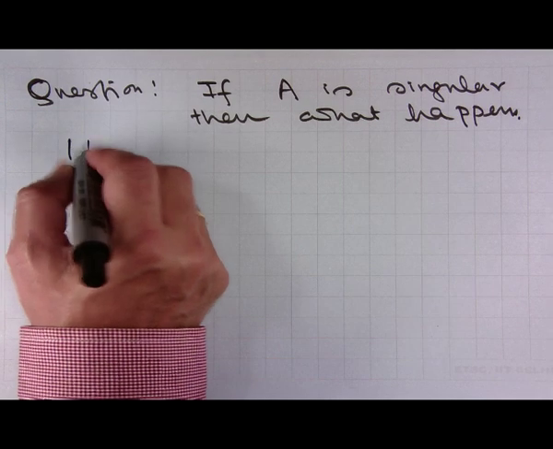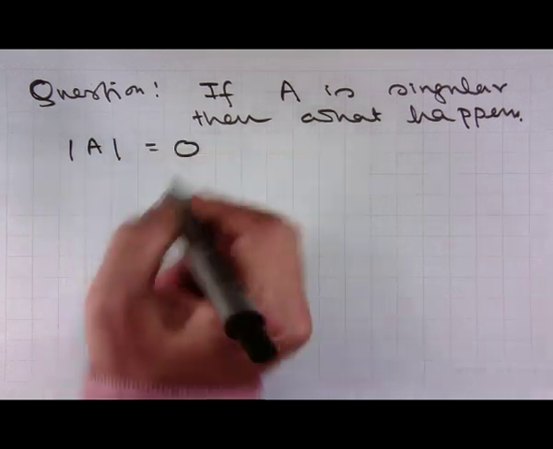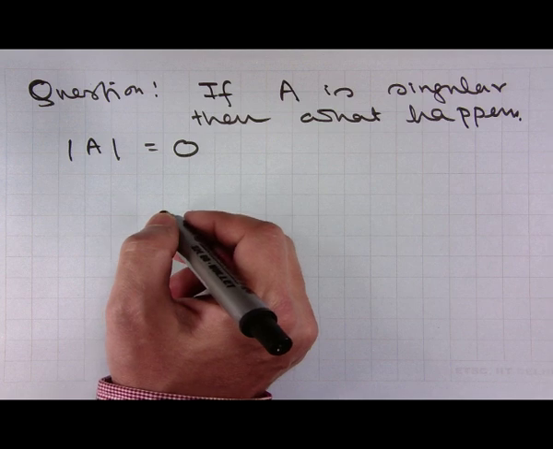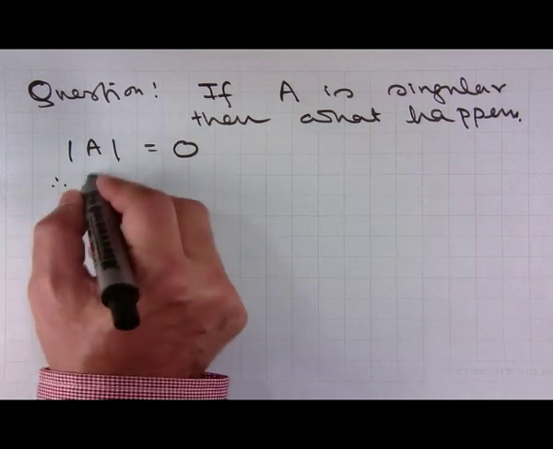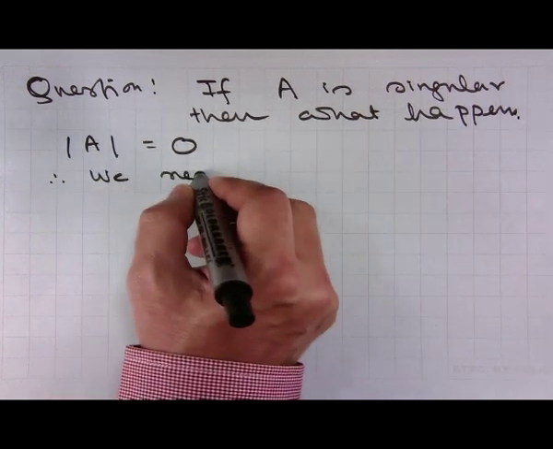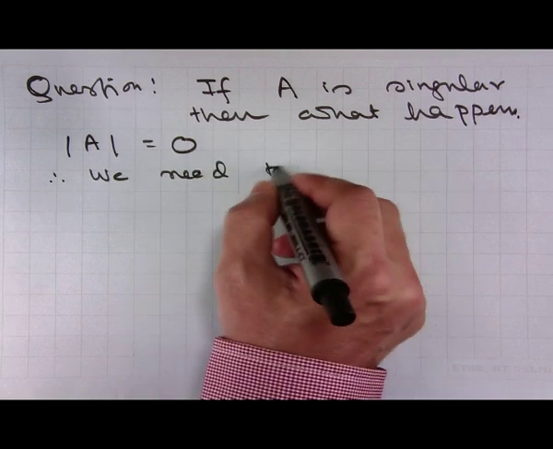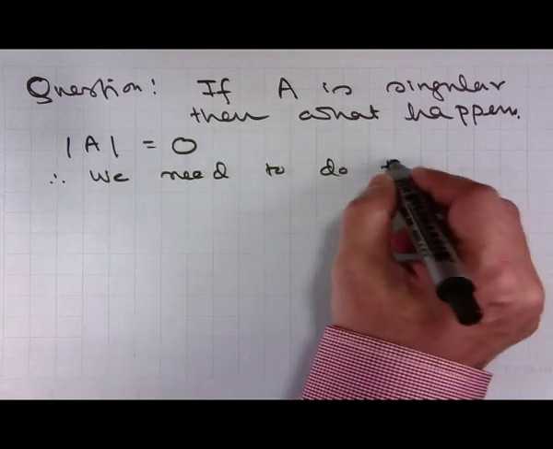So, determinant of A is 0. Therefore, we need to do the following.